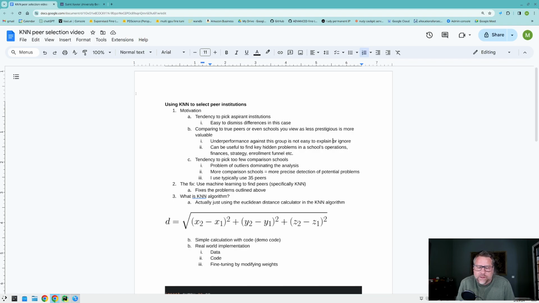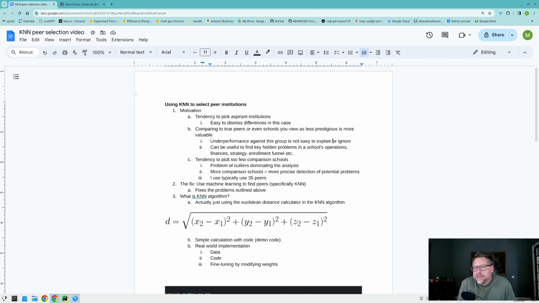The more schools you have, the less variability you're going to have in your central tendency metric, be it the mean, if you're looking at the average discount rate or the average retention rate. It's going to be less subject to outliers if you have a bigger sample. And so it's just generally better to have more to combat that.